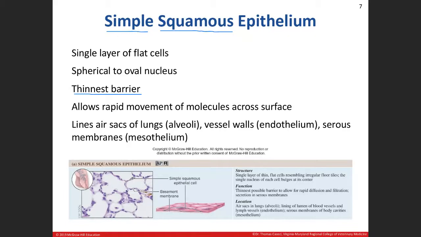It would be a real pain if the lining of those air sacs, instead of being one cell layer thick, was 20 cell layers thick. Would you agree? That would be bad. If oxygen only has to cross one cell, that's not bad. But could you imagine a molecule of oxygen having to fight its way through 30 or 40 cell layers? It takes time.